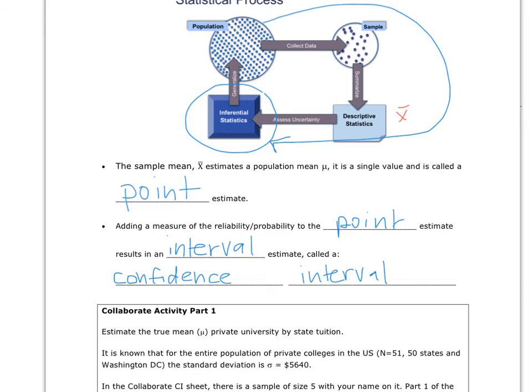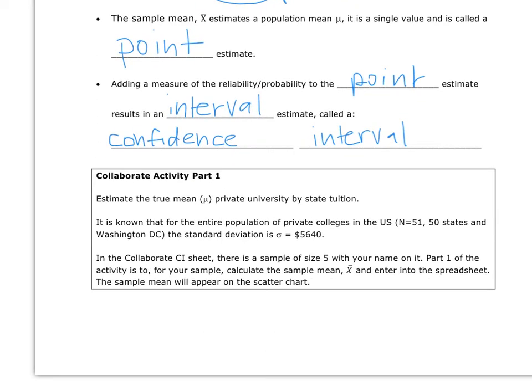So now it's time for you to do, if you haven't already, the first part of the Collaborate activity. You'll find the link to it, it's a different Collaborate sheet than we have looked at before. It's called Collaborate CI, or Collaborate Confidence Interval. And it is a collection of samples from the population of mean private university tuition by state.